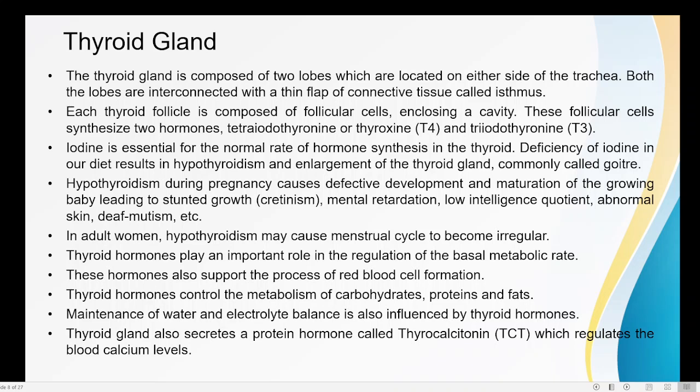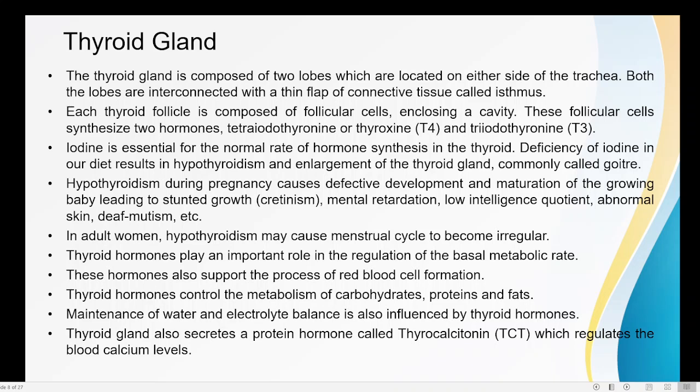So if there is some problem with the thyroid hormone or in the rate of its production, that will affect almost all your body systems, including your reproductive system. That is why women having thyroid problems sometimes face a highly irregular menstrual cycle.